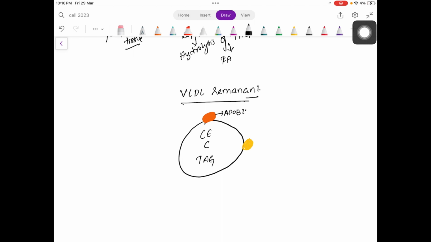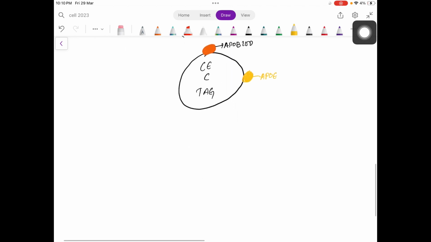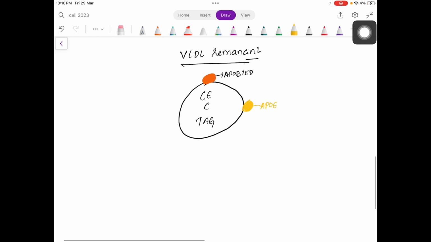This is ApoB100 and this is ApoE. Now this VLDL remnant molecule will have two fates.